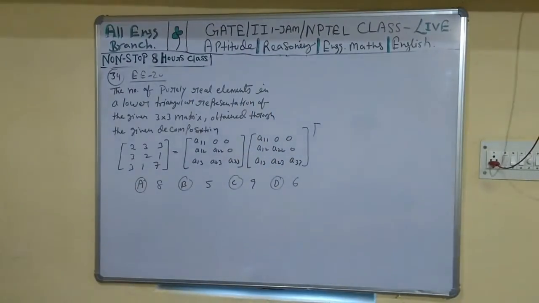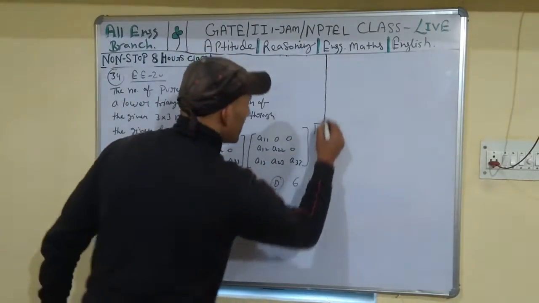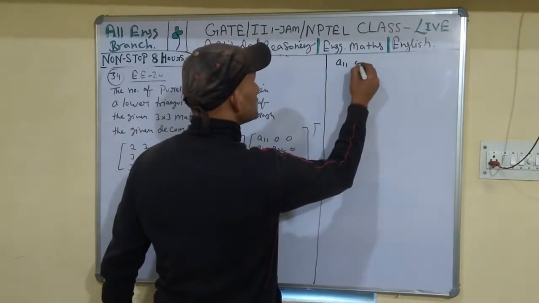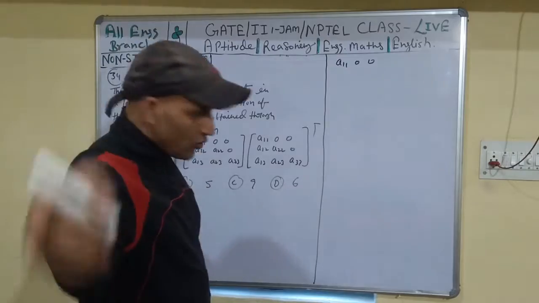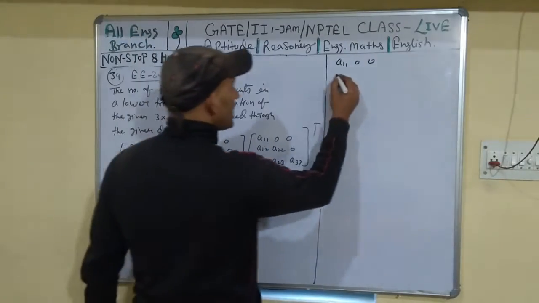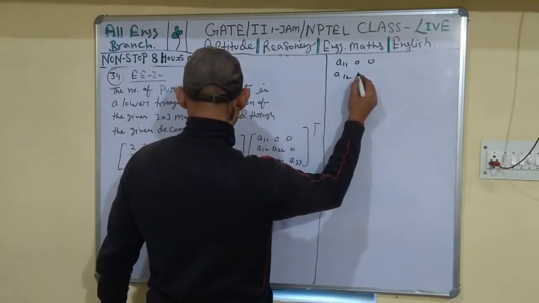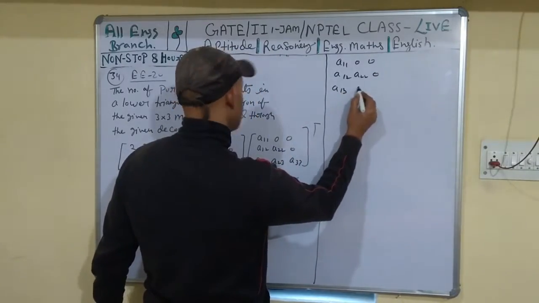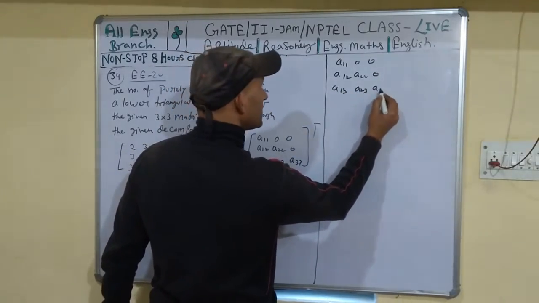I will not waste your time. So if you multiply both of the matrices, at first you have to multiply this A11, 0, 0. How to multiply? You go again to the previous lecture. Okay, how to multiply two matrices, A23 and A33.